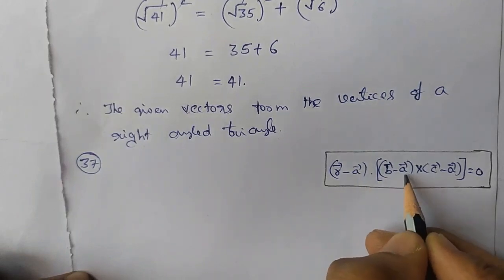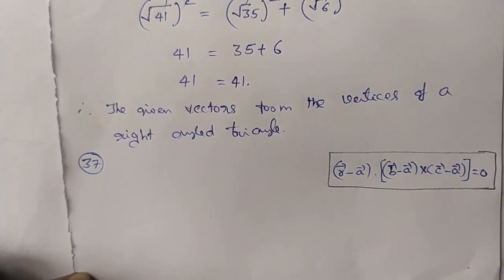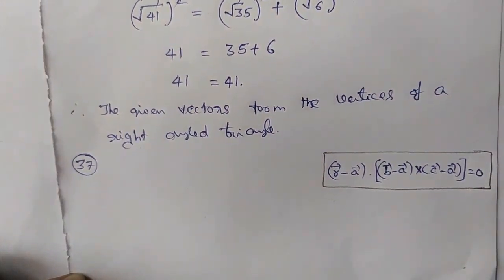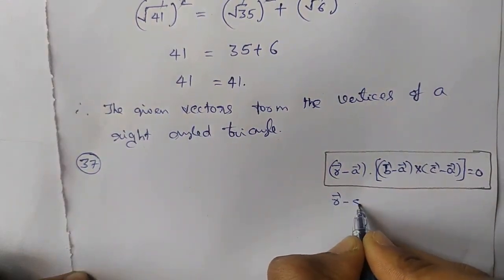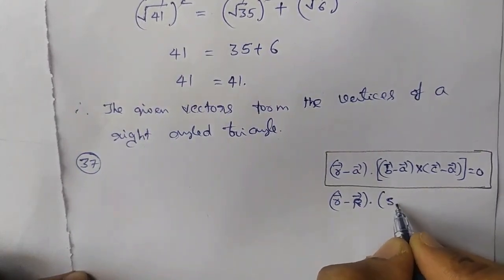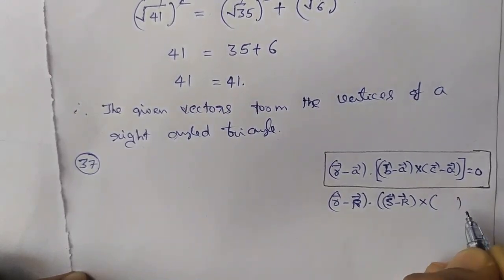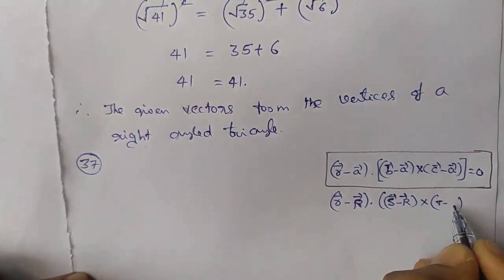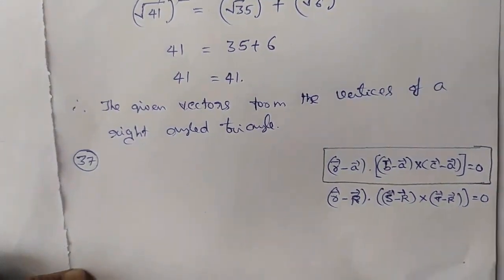In place of A, B, C, he has given R, S and T. So that equation will be (r minus R vector) dot (S minus R, S vector minus R vector) cross (T minus R vector) equals 0. This is what we need to find.